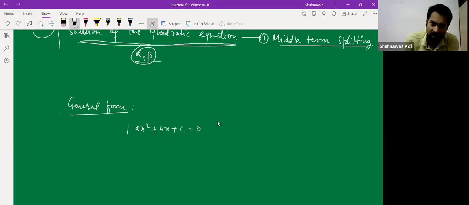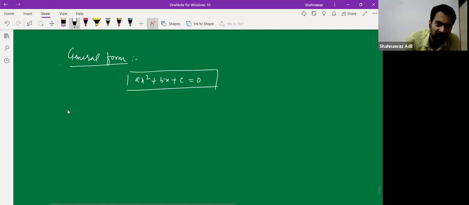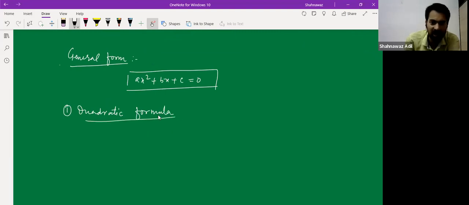And to solve this quadratic equation, we use a formula called the quadratic formula. To use it, we use the discriminant method. From this general quadratic equation, we know what A, B and C are.